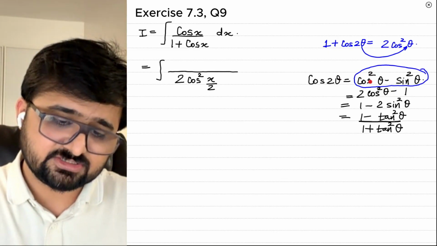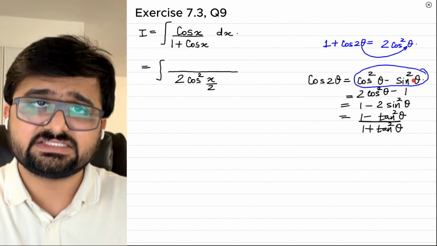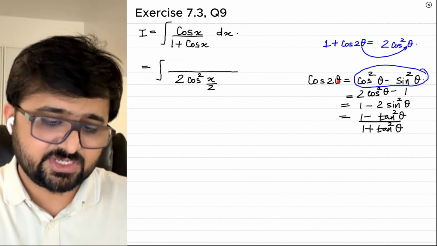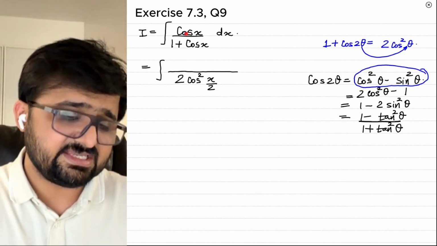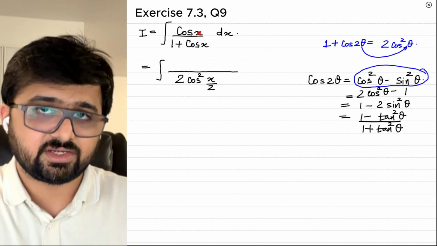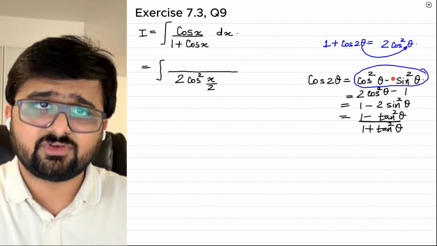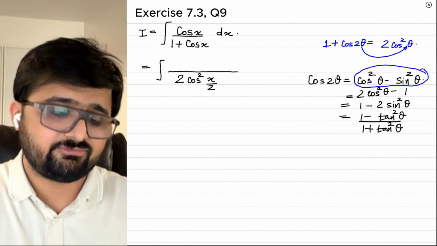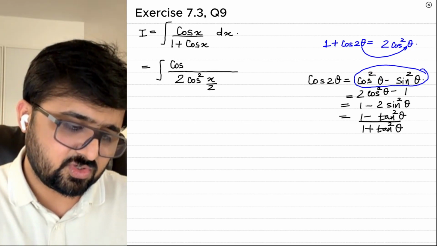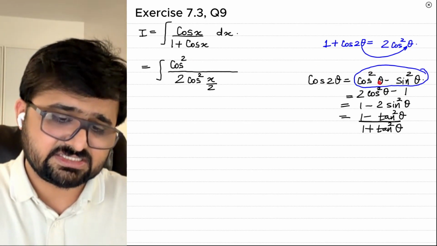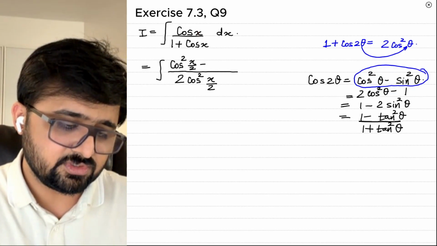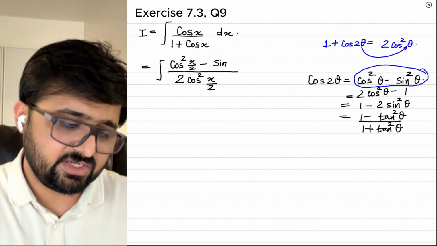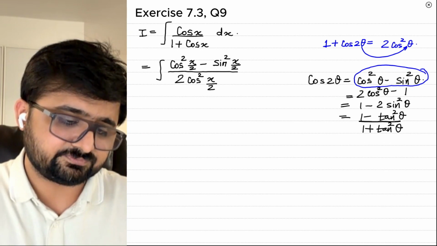It's cos square theta minus sine square theta. Remember that the angle is becoming half. If it is 2 theta, it is becoming theta. So in this case, this is just like cos 2 theta. So we can apply this formula, but this angle will become half. So it will become cos square x by 2 minus sine square x by 2.